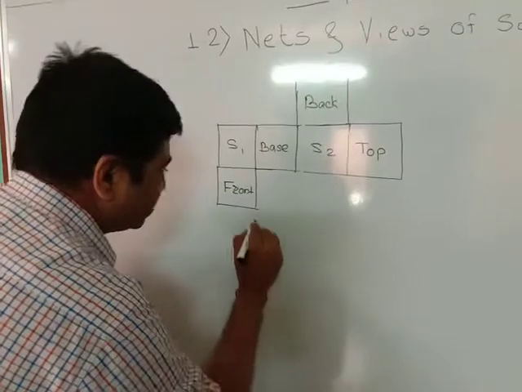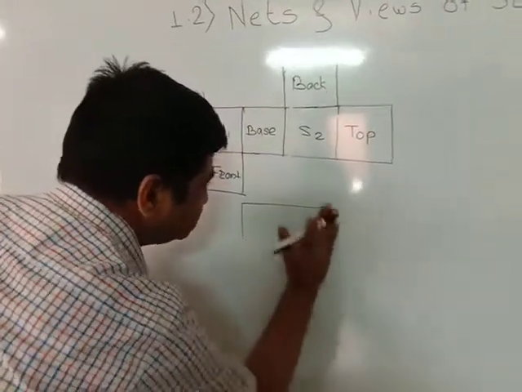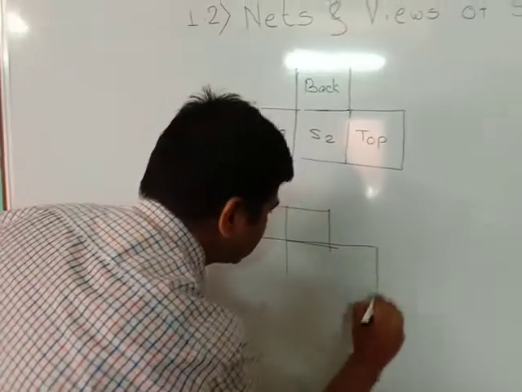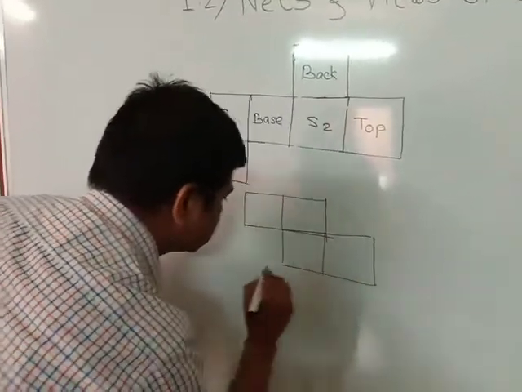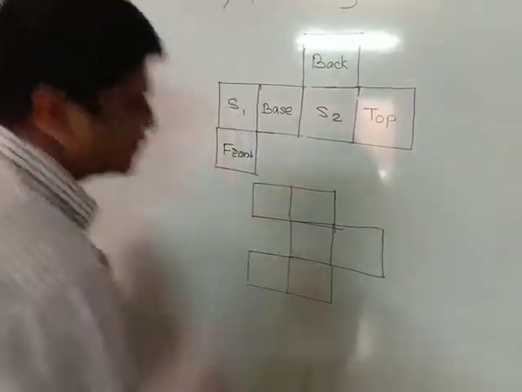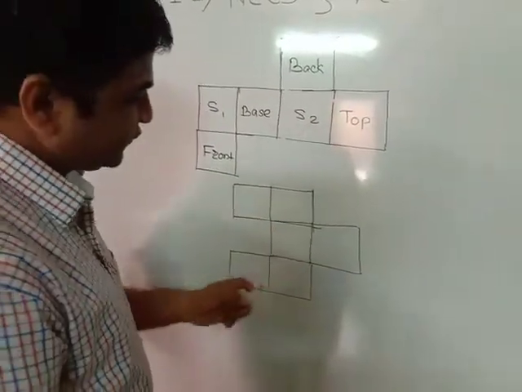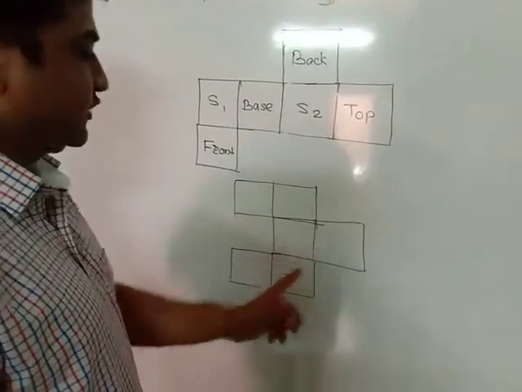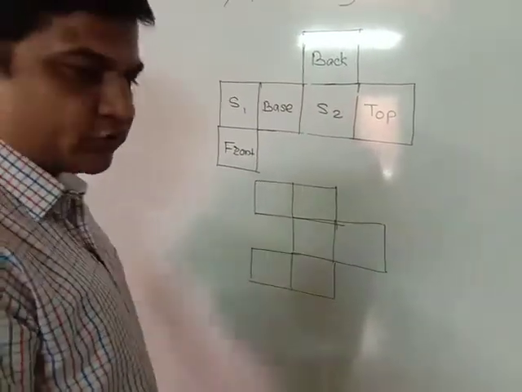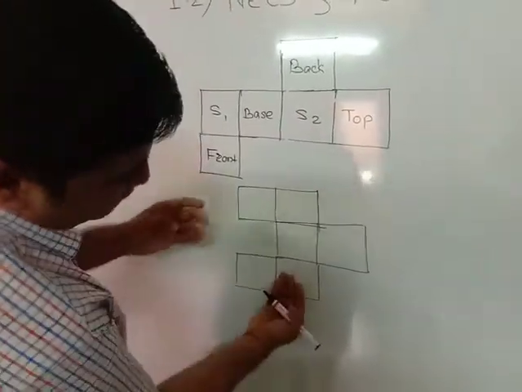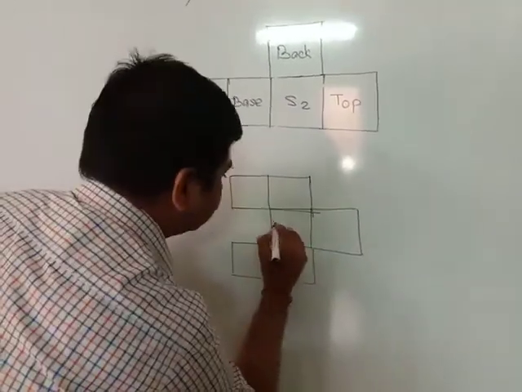One more example that I am giving. One, two, three, four, 5 and 6. We are having 6 squares over here. Can it be folded to a cube? Let's try. Let's make this a base.